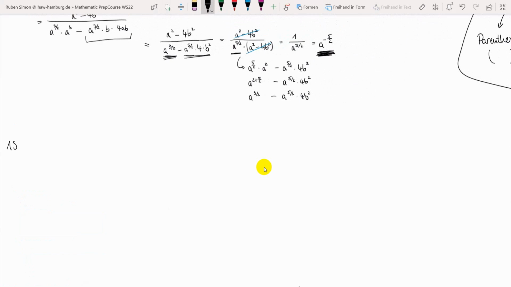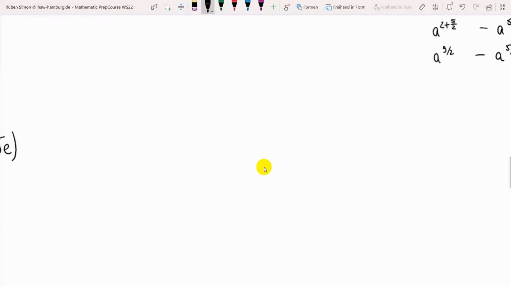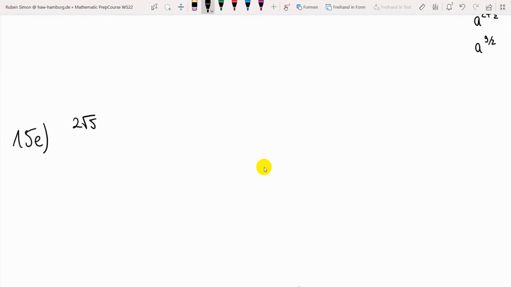So task 15E. I went over this task earlier today, so maybe there still is another one of you who wants to do this for everybody. But yes, let's write down the task. This task was about rationalizing the denominator of a fraction, and the certain task was this one.